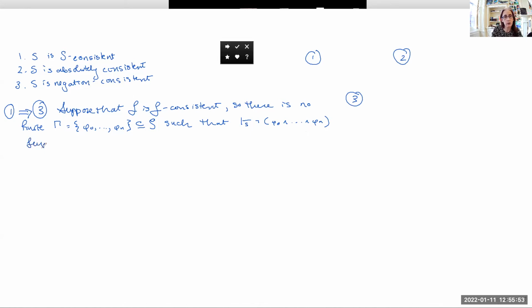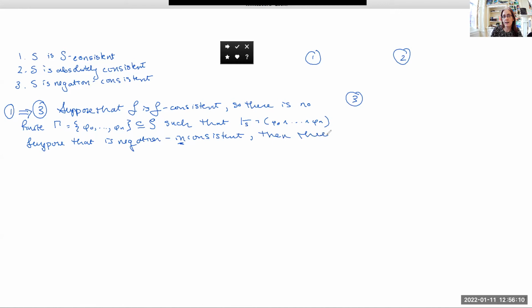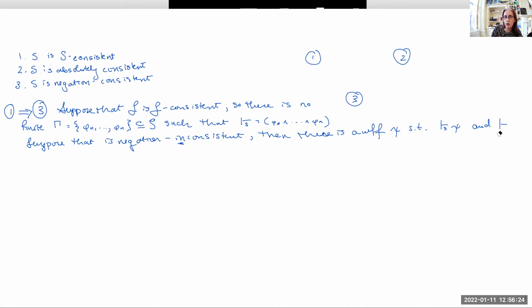Now we are going to suppose that it is actually negation inconsistent, and we will derive a contradiction from this. If it is negation inconsistent, then we know that there is some well-formed formula psi such that within S, you can prove both psi and, sorry, that should have been an S subscript, not a psi subscript, the negation of psi.